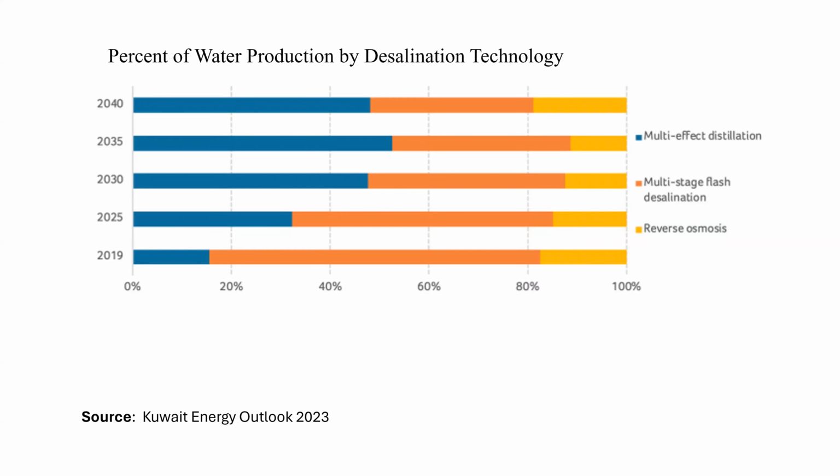Here you can see the water production by desalination technology in Kuwait. At this moment, in 2019, the most used are multi-stage flash desalination and a combination of multi-effect and reverse osmosis. It is predicted that reverse osmosis is going to be the most used in the near future.